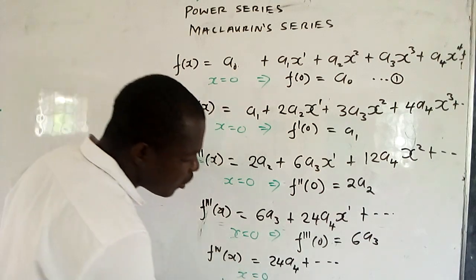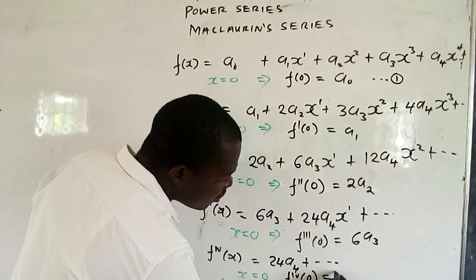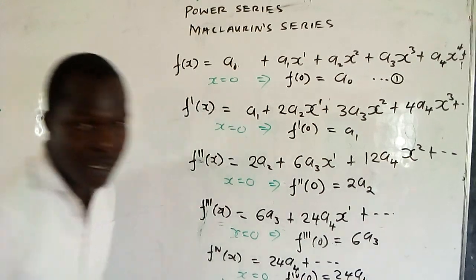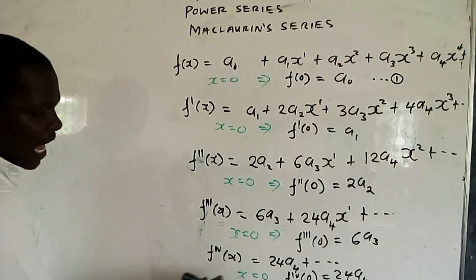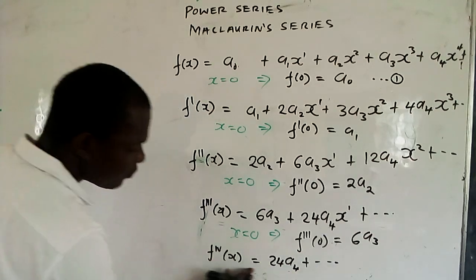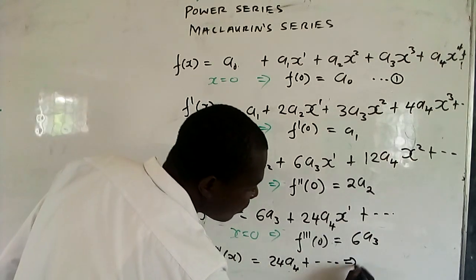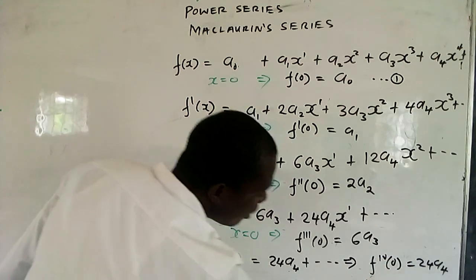You get f raised to power 4 of 0 to be just 24a₄, because there's no x there. It's just that constant 24a₄. So here you find that when x is 0, this implies f raised to power 4 of 0 is 24a₄.